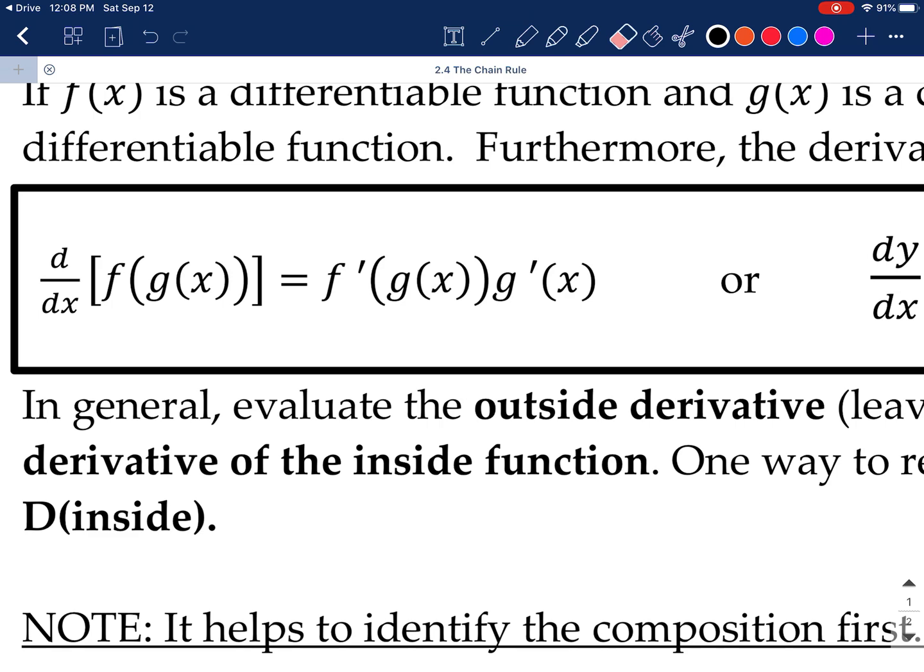F prime g times g prime, and this is going to get a little bit more complicated too, because we can have something that has multiple compositions. So if I had something with multiple compositions, you might wonder, well, what is that derivative going to look like?